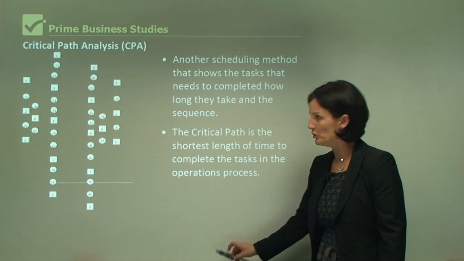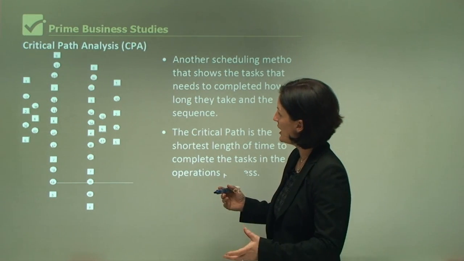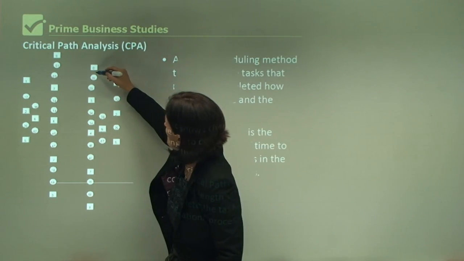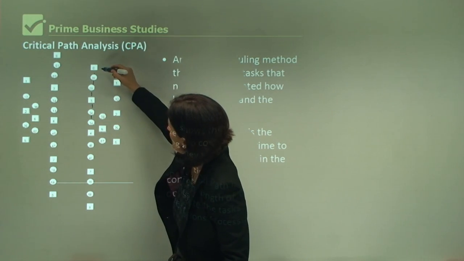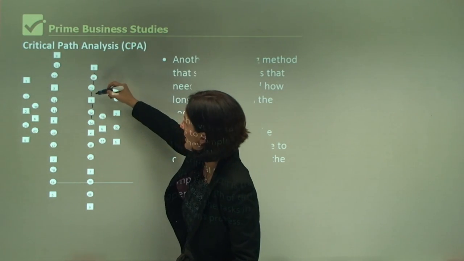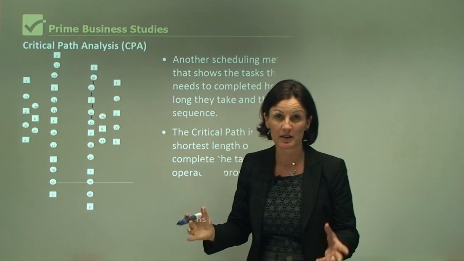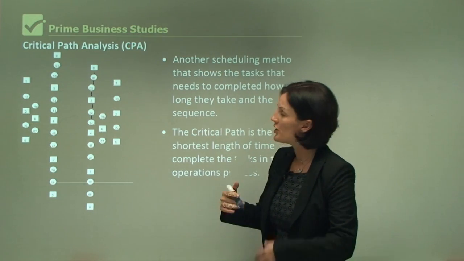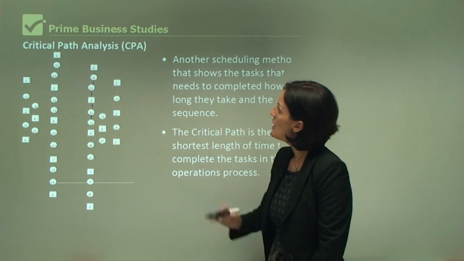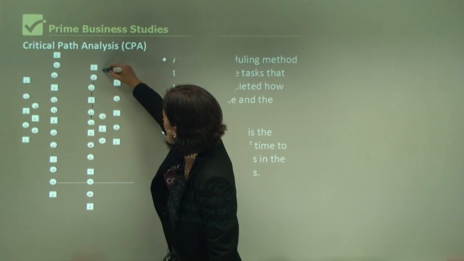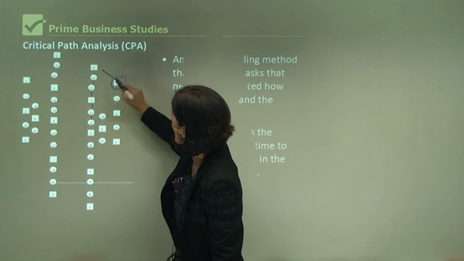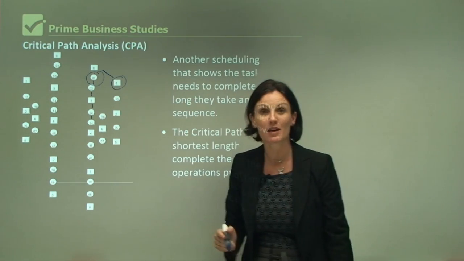So, for example, here we have a product. It may seem that I'm just going to do a normal course of this task, then this task, then this task, and this task, and so forth, to complete my product. However, with a critical path analysis, the operations manager can say, well, I can actually do this task and this task at the same time.